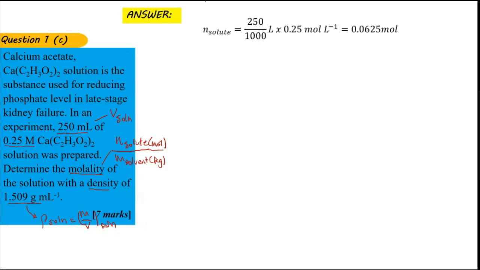So first we calculate mole of solute. Remember, this is solute. Solute is calcium acetate. Okay, if you got molarity and volume, you just take the molarity, multiply with the volume in liter, yeah? You write the unit properly, you will see cancellation of units, leaving behind mole, so you're on the right track.